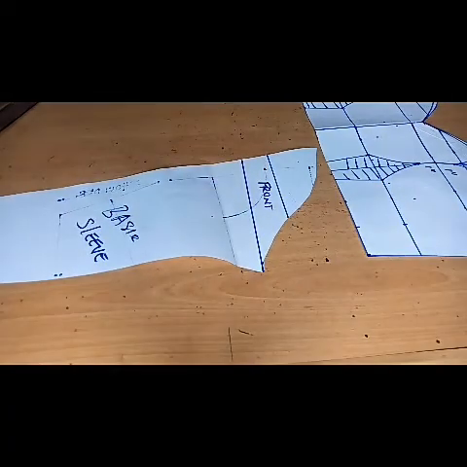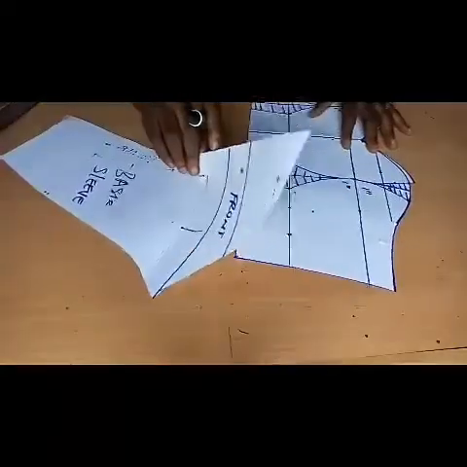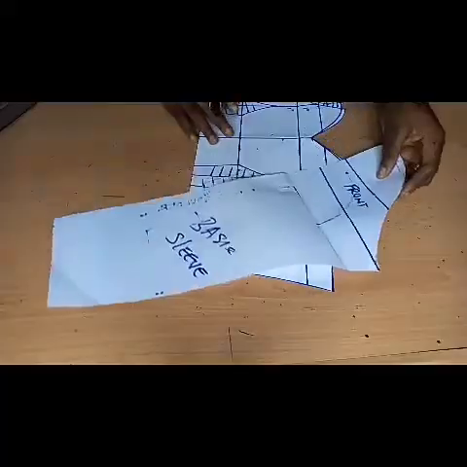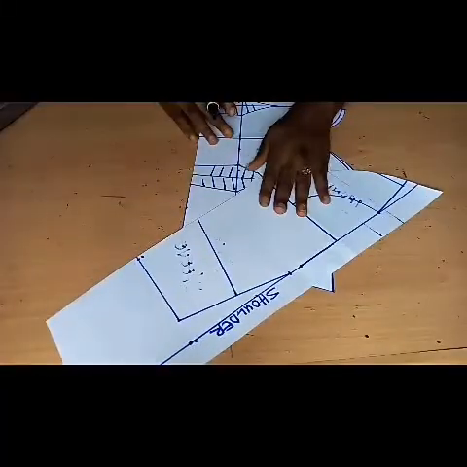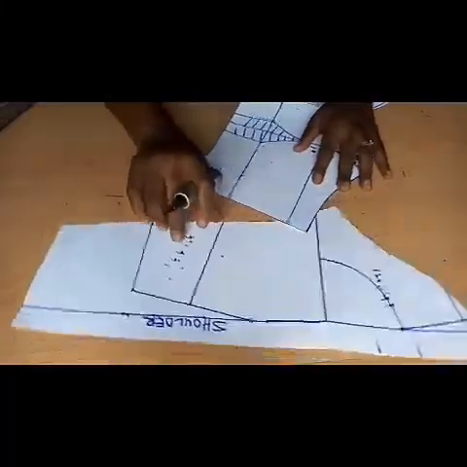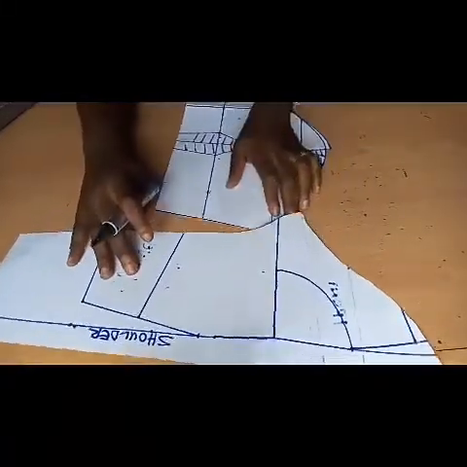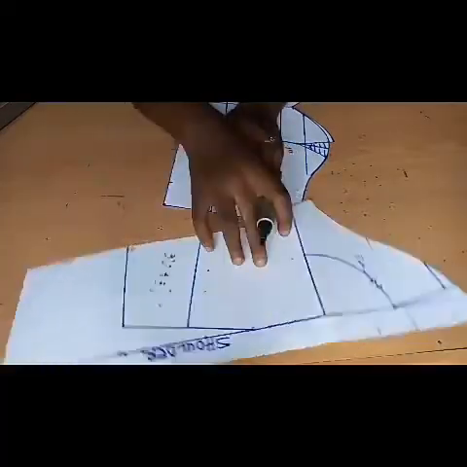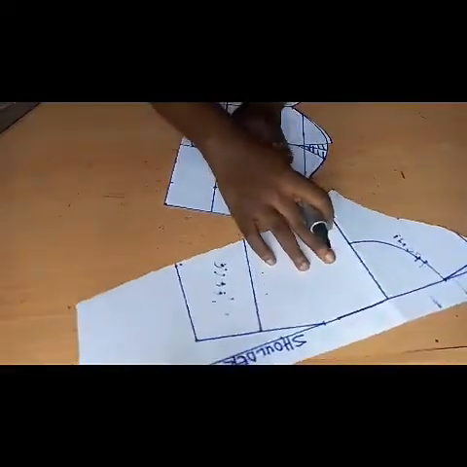So all I'm going to do right now, if you look at this sleeve, I need to fix this sleeve. Don't mind this part. Just look at what I'm trying to illustrate. By right, we are supposed to fix this sleeve from the shoulder.